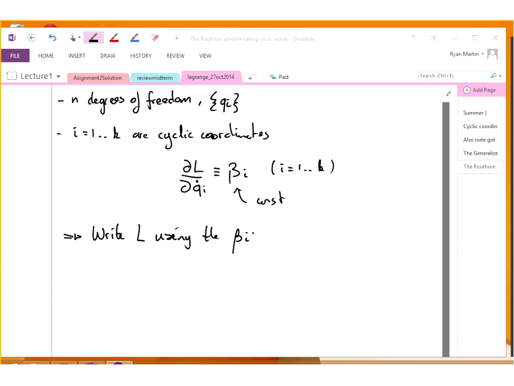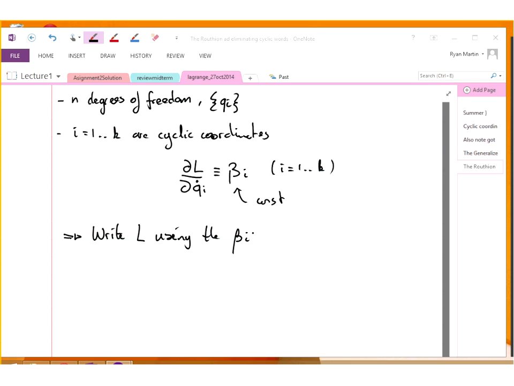We can always write the generalized velocity in terms of the momentum, right? It's usually either m times the velocity is equal to the momentum, or something more complicated like the angular momentum that we had. But you can replace all of the velocities, the constant ones, with the beta_i's, right?